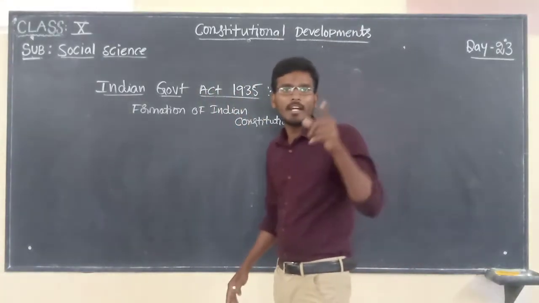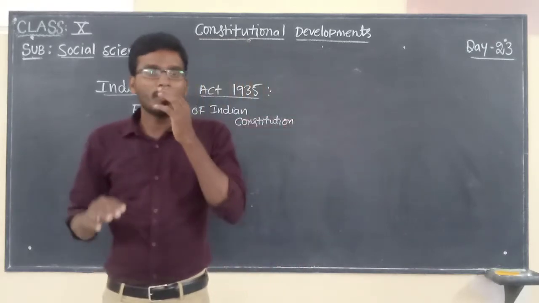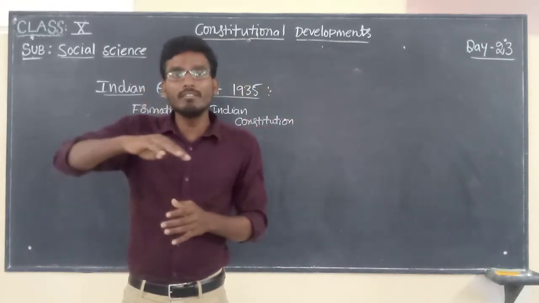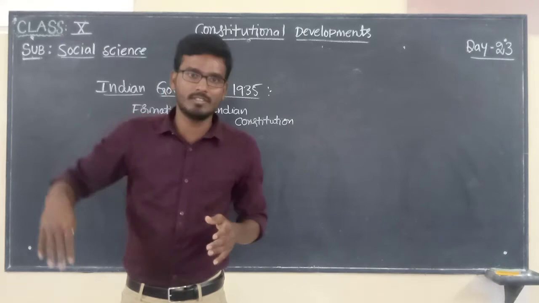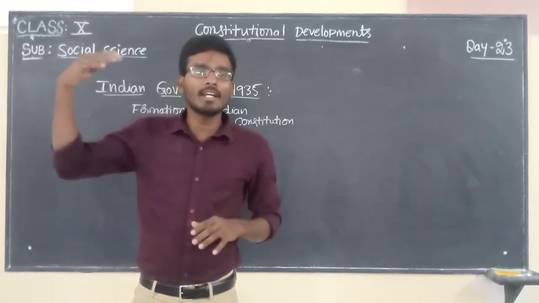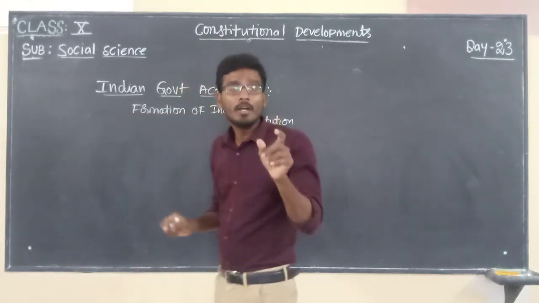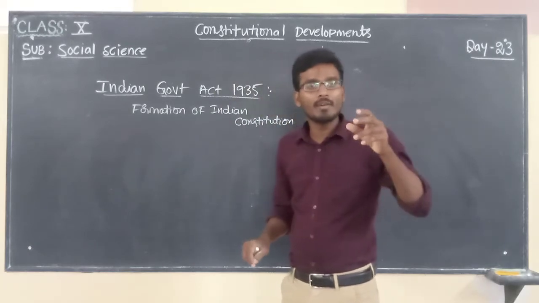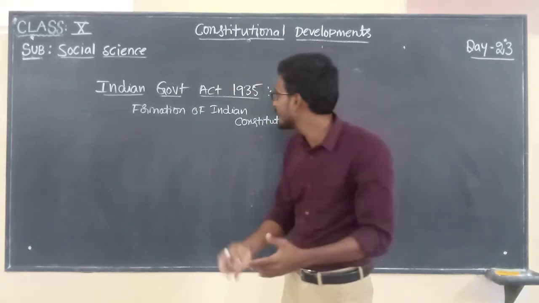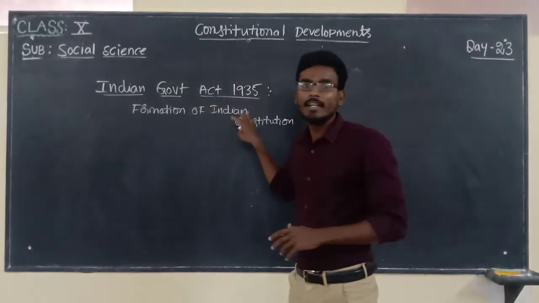Already in the 9th standard you have studied, right? Our constitution was made by using different sources. It may be the constitutions of other countries or whatever it may be, and most of the provisions in our constitution are taken from the Indian Government Act 1935.